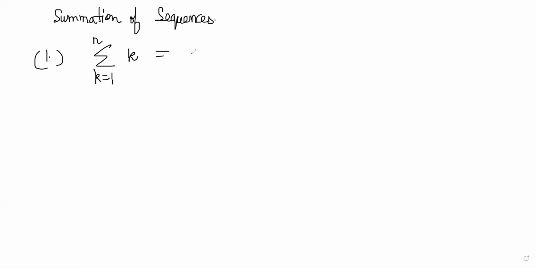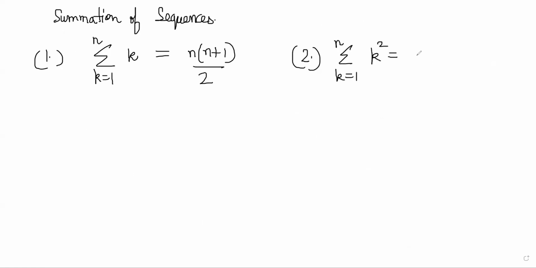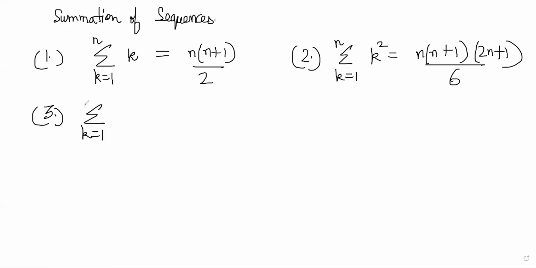This is equal to n(n plus 1) by 2, and the second one is the sum of the first n squares. This is equal to n(n plus 1)(2n plus 1) by 6, and the third one is the sum of the first n cubes, and this is equal to 1 by 4 n squared (n plus 1) whole squared.